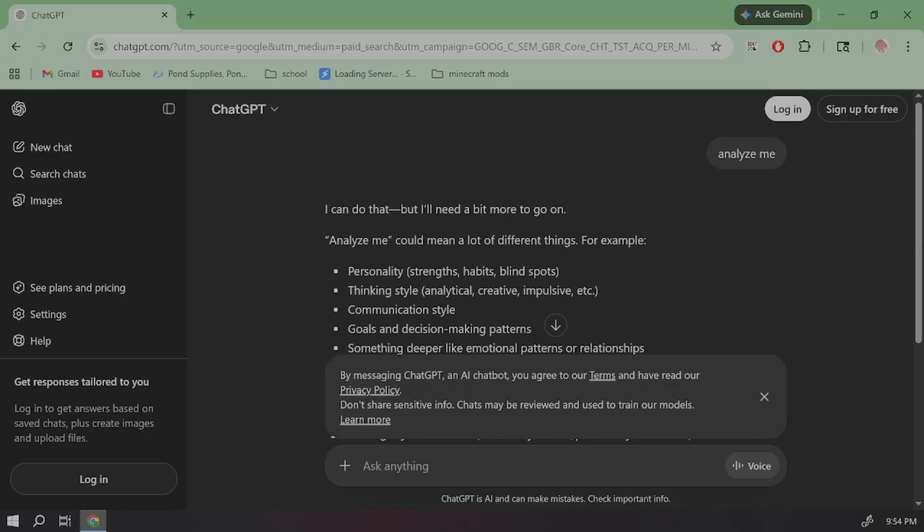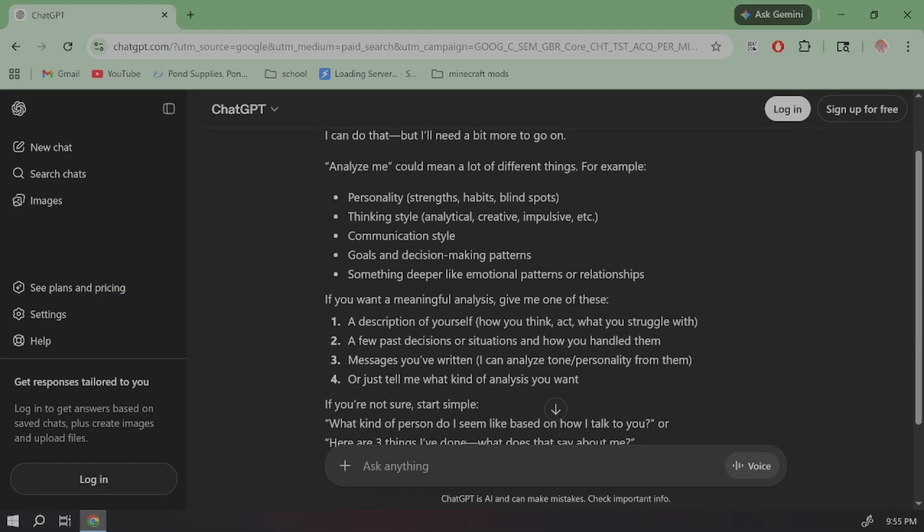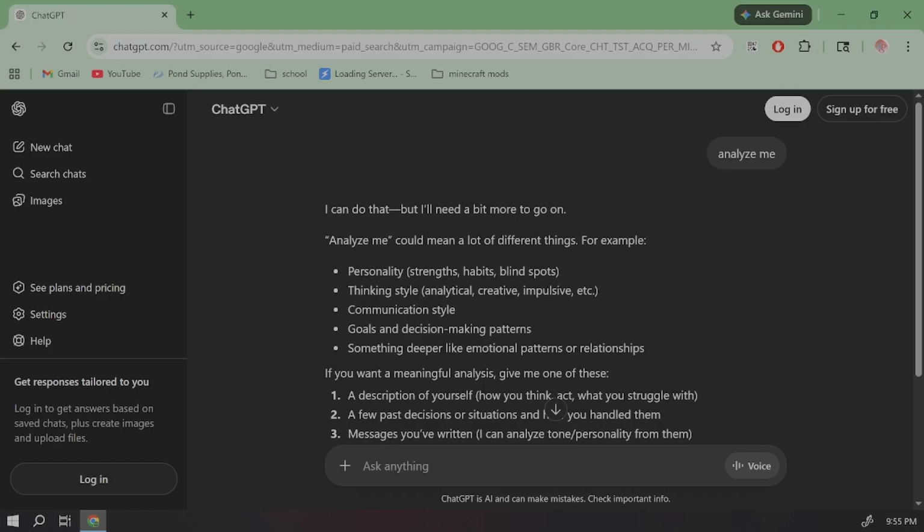If you've ever used AI and felt like the responses were generic or off, this is why. This response is structured, but it's broad, because I did not give it anything real to work with. I can do that, but I'll need a bit more to go on. Analyze me could mean a lot of different things.